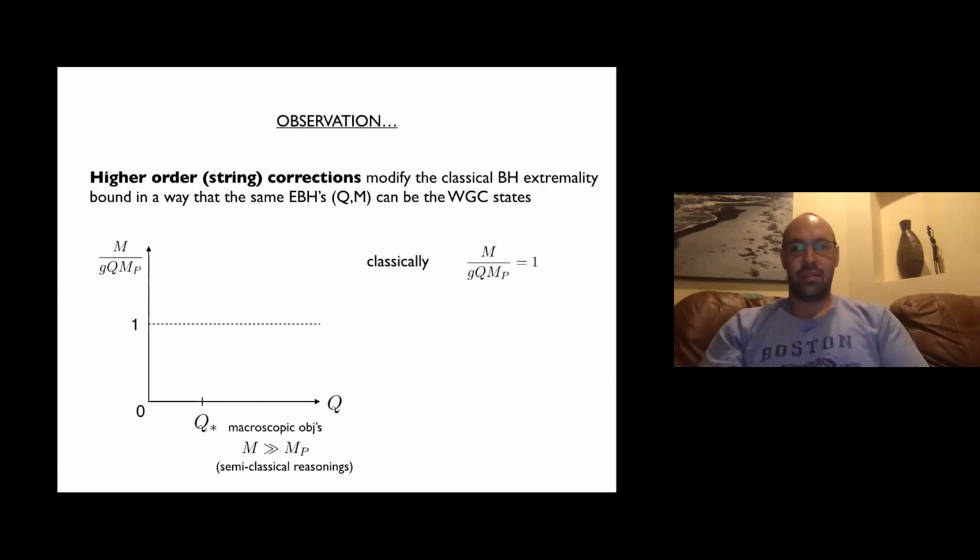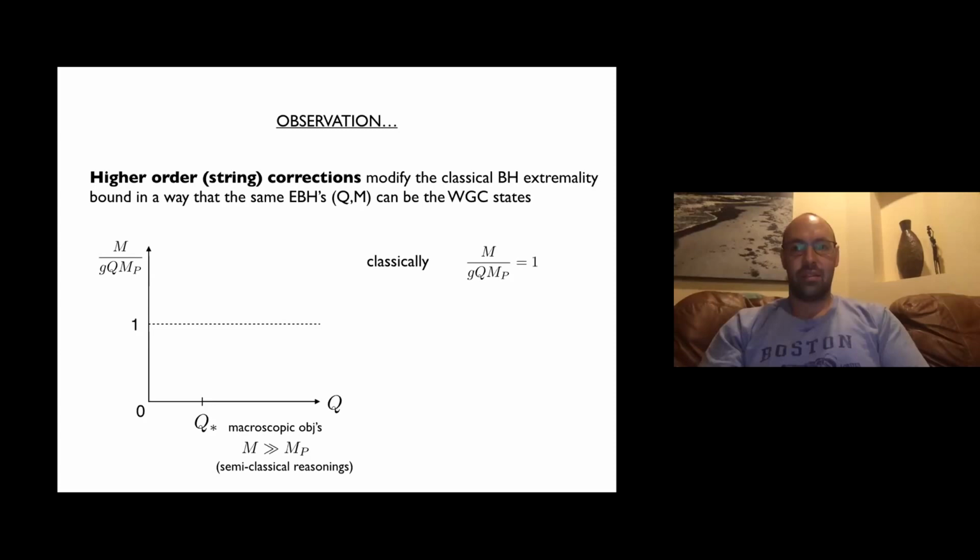Our work stems from an observation which is valid in the context of the usual weak gravity conjecture, that higher order string corrections modify the classical black hole extremality bound, in a way that the same extremal black hole, now with charge Q and mass M, can be the state satisfying the weak gravity conjecture.